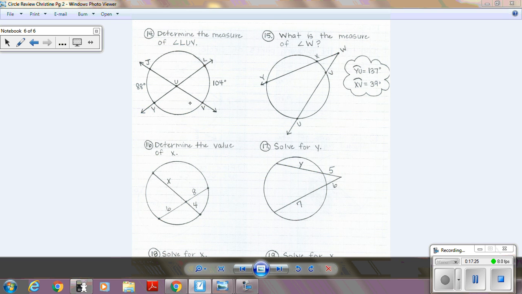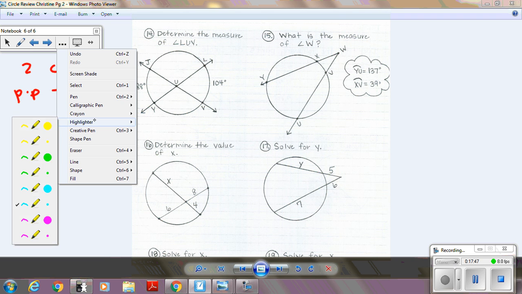Number 16 wants us to determine the value of x. On number 16, what you see are two chords intersecting in the circle. So the formula we're going to use is part times part equals part times part.